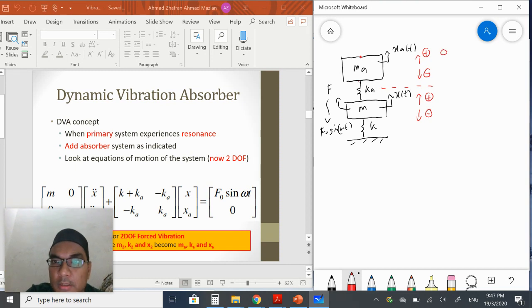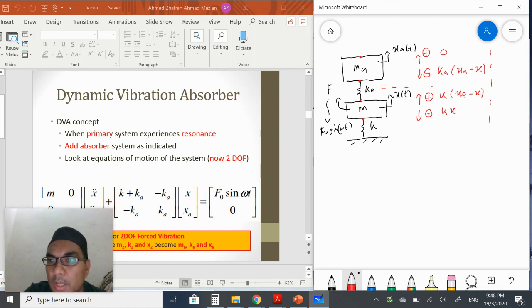For the MA, the lower part is minus KA times XA minus X, and for the plus part, for the lower part, there is the connection here, K times XA minus X, and the lower part is minus KX.